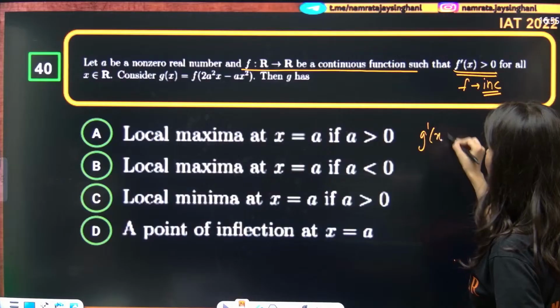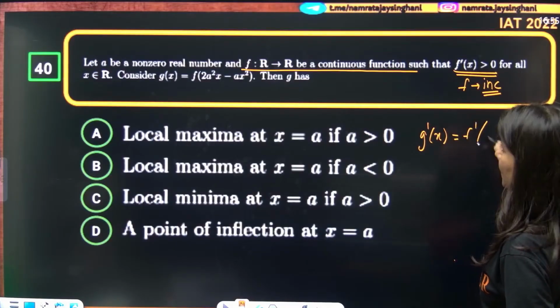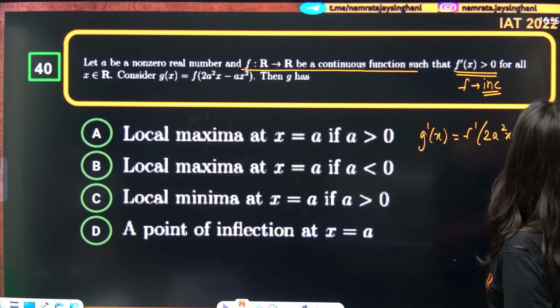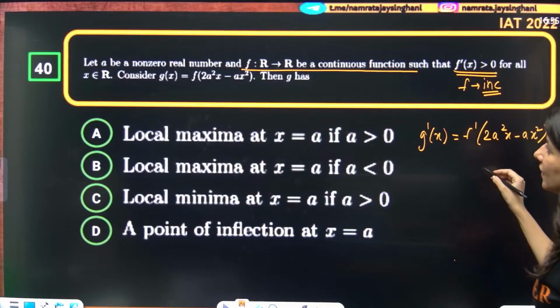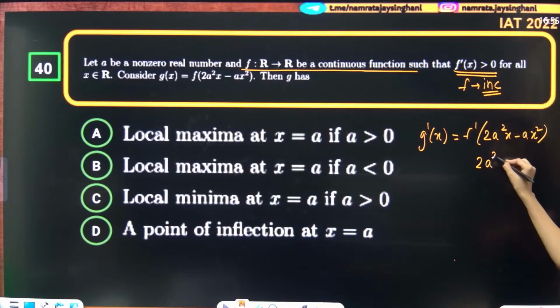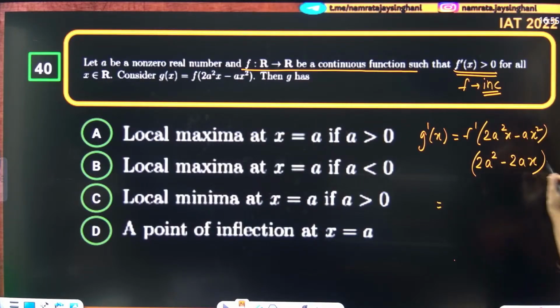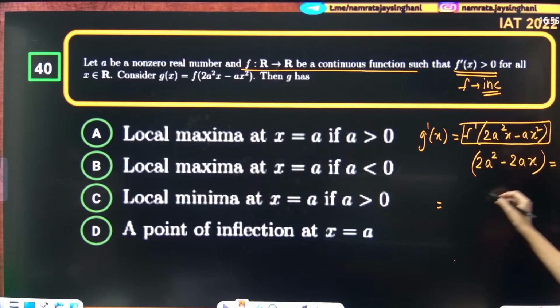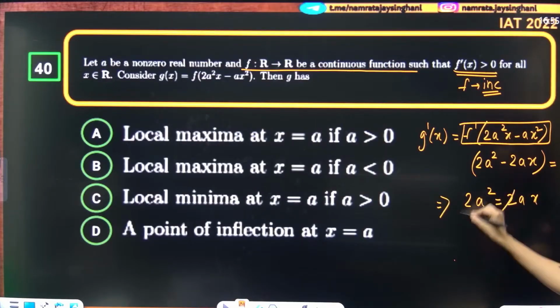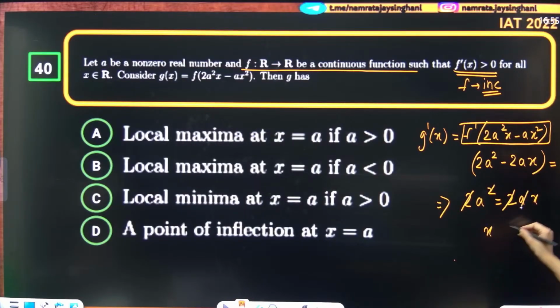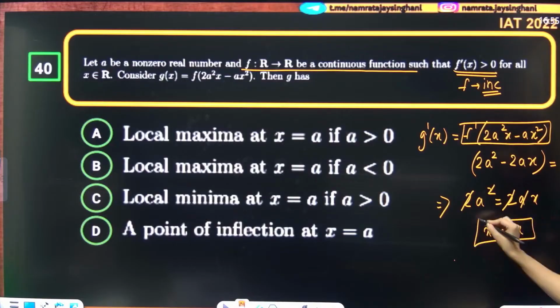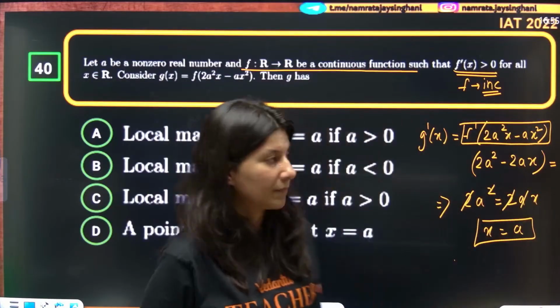G dash x will be f dash of (2a square x minus ax square) times (2a square minus 2ax). Okay, so this is always positive. What about this? For it to become 0, 2a square equals 2ax. 2 cancels, a cancels, so x is equal to a.